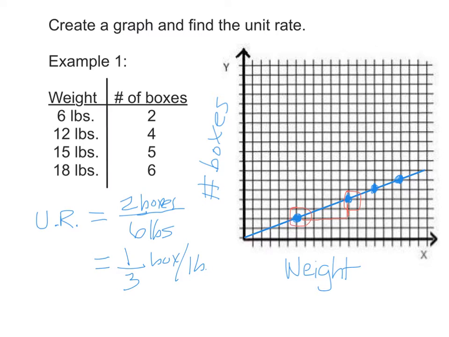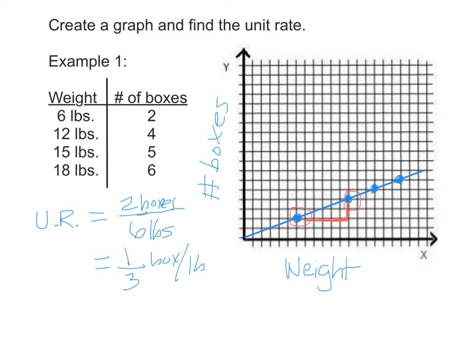I could draw the sides of my triangle in red, and we can see we have this triangle.